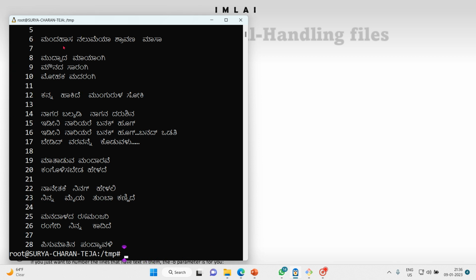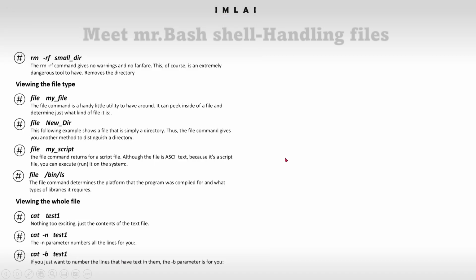See, each line has been numbered. So a total of 28 lines of data is present in that. Of course, a few are empty lines, but that is also considered as data. And we can use one more option, that's cat with option -b and Kantara lyrics. Yes, this time also worked. So this is how viewing of the whole file can be done.